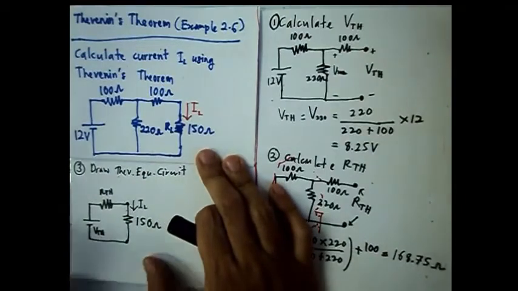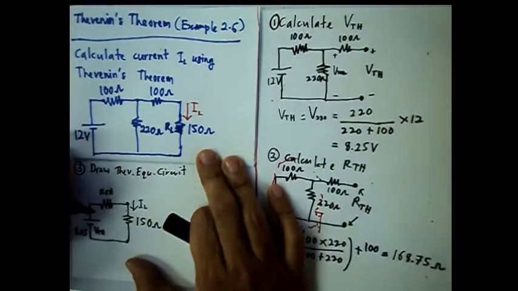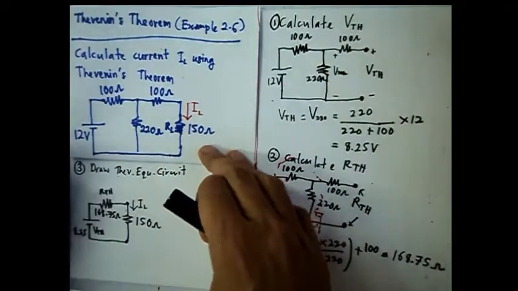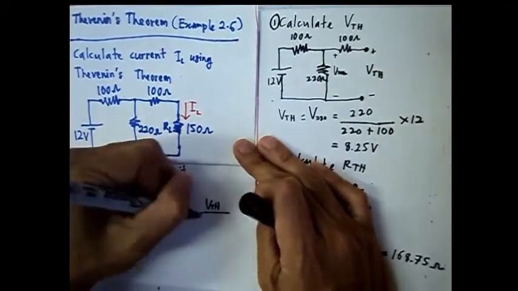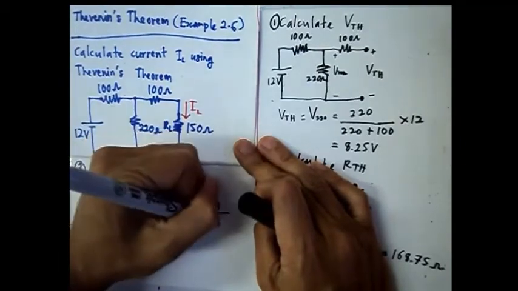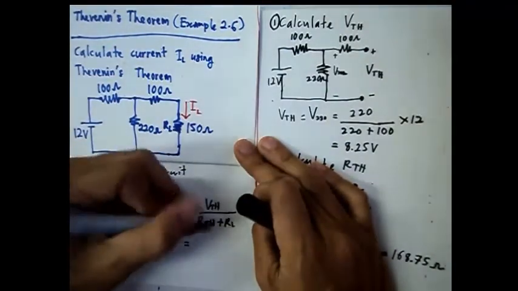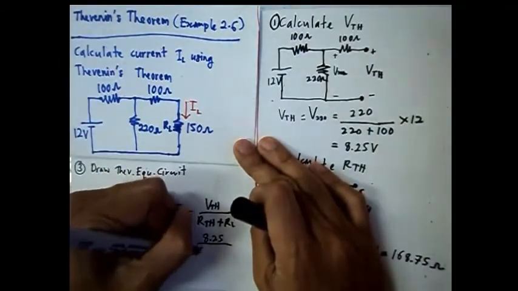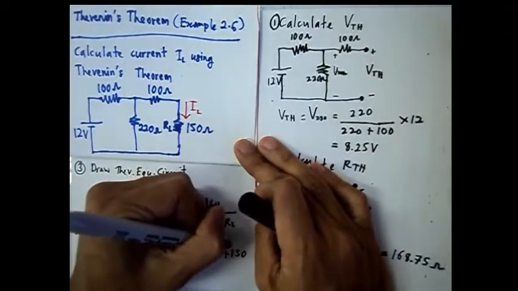By referring to the Thevenin equivalent circuit, RTH is 168.75 ohm. So now we can calculate IL equals VTH over RTH plus RL. Our VTH is 8.25 divided by RTH 168.75 plus 150.